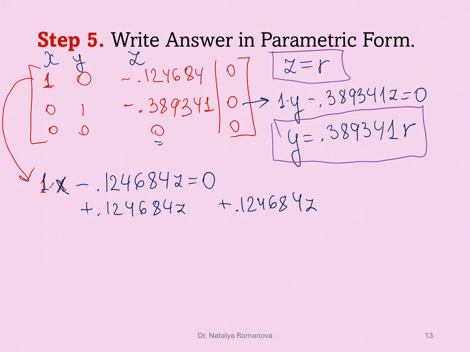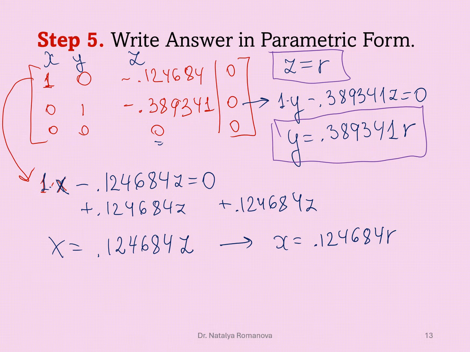We can see x equals 0.124684z. What is z? z is the parameter r. So now we can write x equals 0.124684r. This is our x.